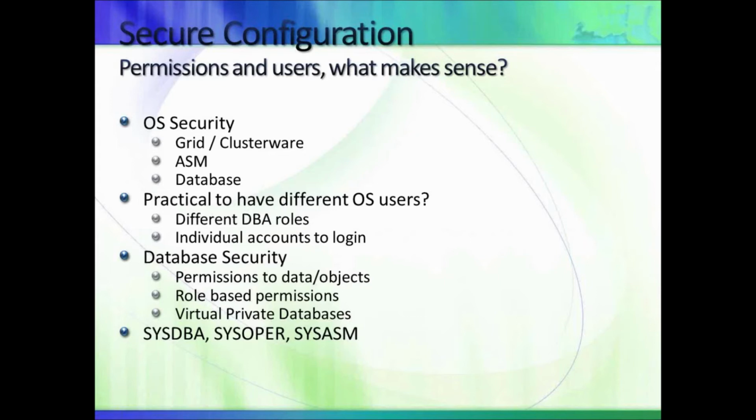The different DBA roles also are applicable here with the sysdba, sysoper, and sysasm. So with sysasm in 11G, you now have to administer the ASM instance with that user. And so whoever has rights to do that can just administer the ASM instances and may not have permissions to the databases themselves.